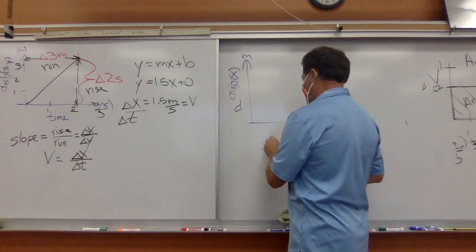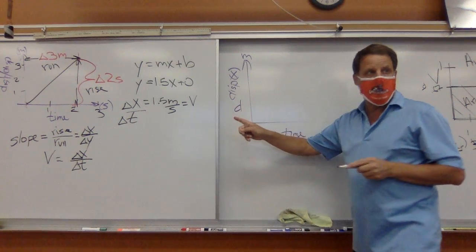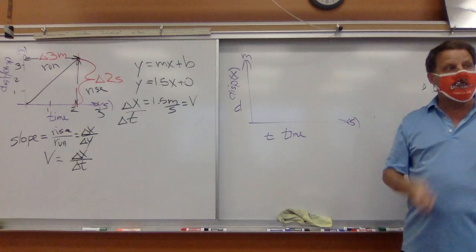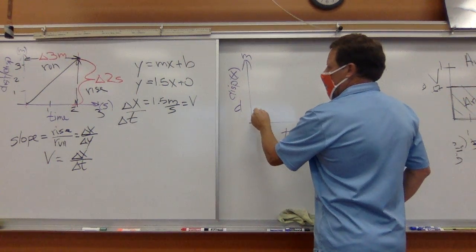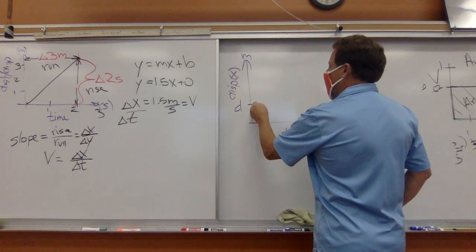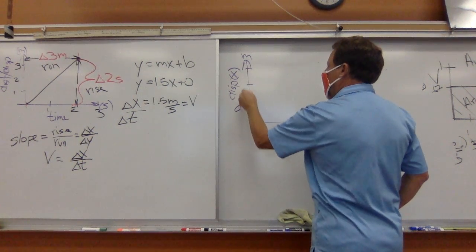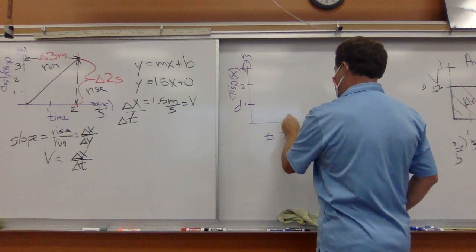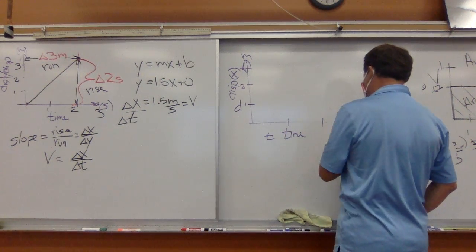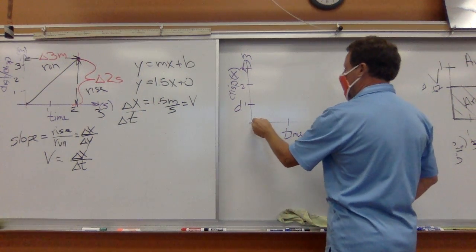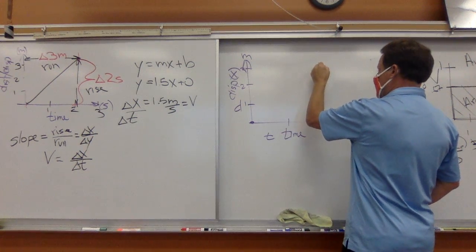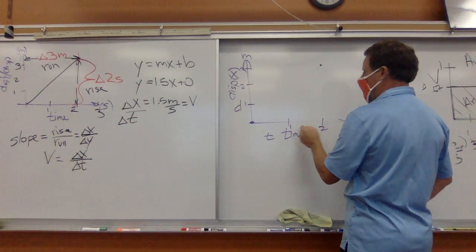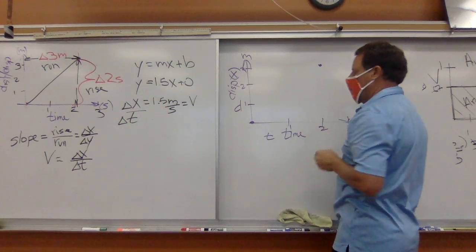So oftentimes, to make it quick, you're just going to see a position versus time graph. Okay, so let's get this same 1, 2, 3, 1, 2, 3, 1, 2, 3. And if we start here and we end here, this is 1 and 2.